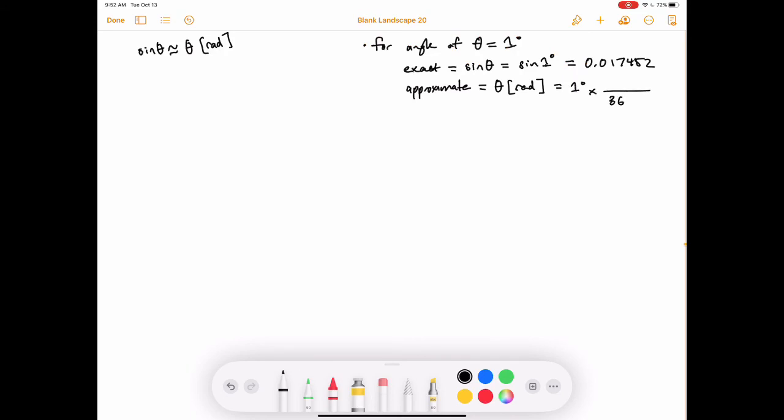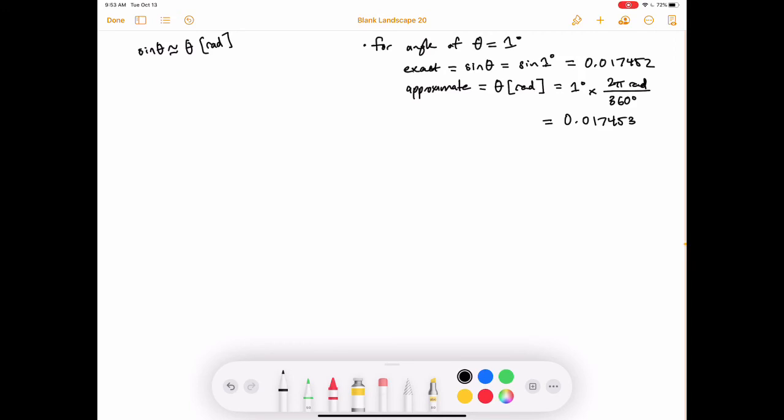Remember, there are 360 degrees for every 2 pi radians. If you compute that, it's just 2 pi over 360, and this works out to 0.017453. So it's very close.